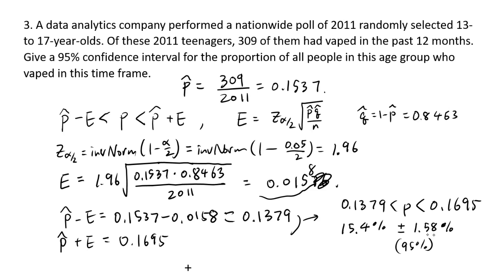So they're going to talk about the error of this quantity. It could be 1.58% more or less, and you can say this with 95% confidence level. This is the confidence interval answer, so that's the answer.